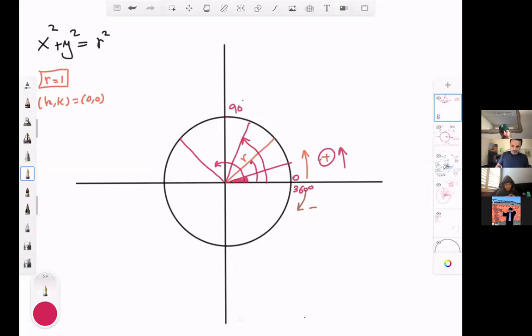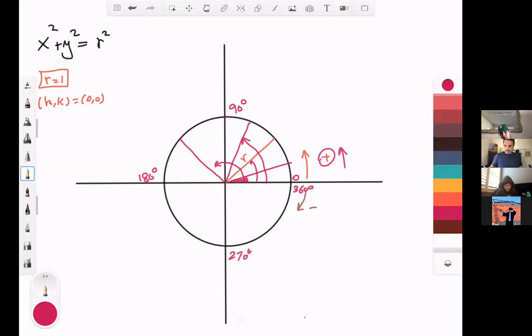This will be 90 degrees, that's 180 degrees, that's 270 degrees and 360. Then we learned about radians. 0 radians and 0 degrees are the same. You just need 90 degrees is pi half, 180 is pi, 270 is 3 pi half, and 360 is 2 pi.